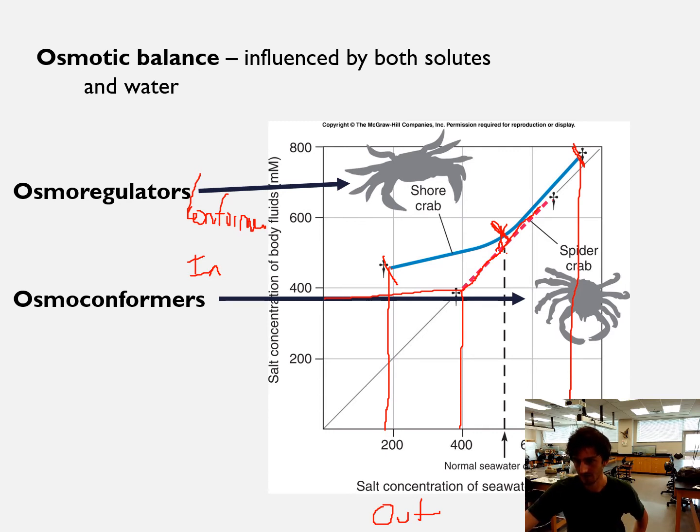And same thing if we take where it died, it goes all the way from about 650 to 650. So that's a true osmoconformer, and on either side of its body, so internal and external, it's maintaining that equilibrium on water concentration.